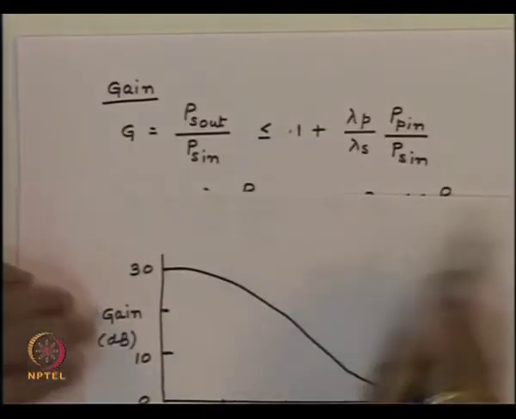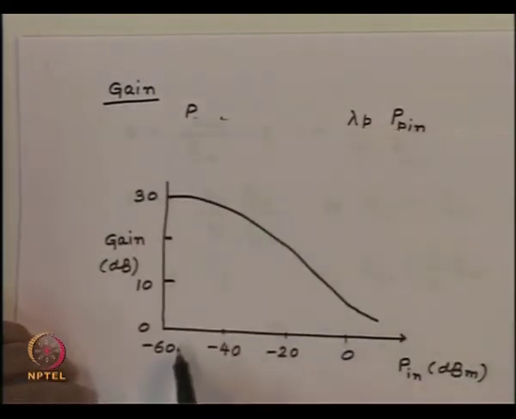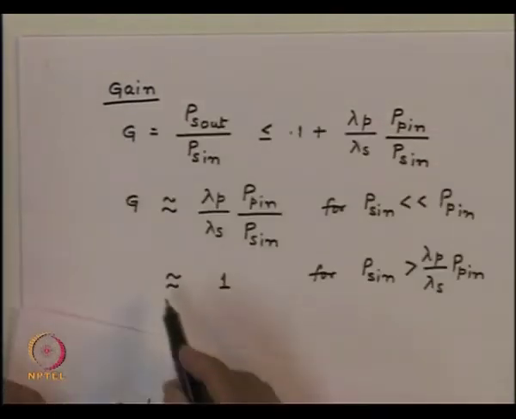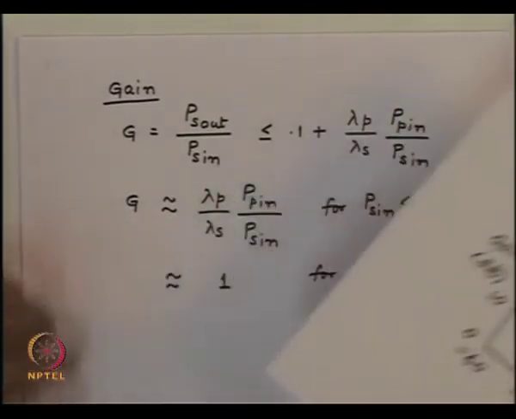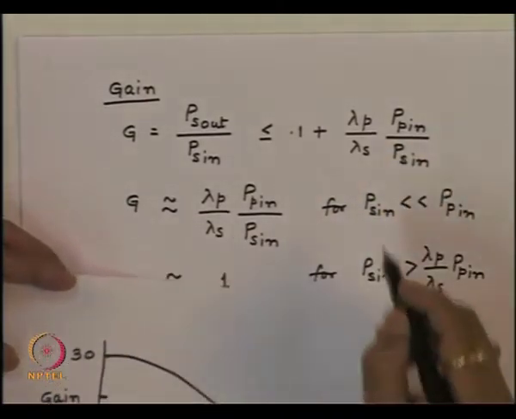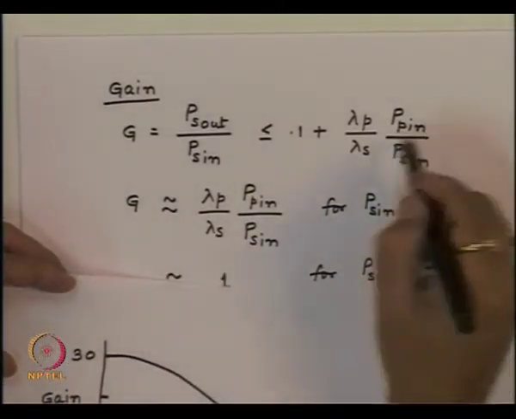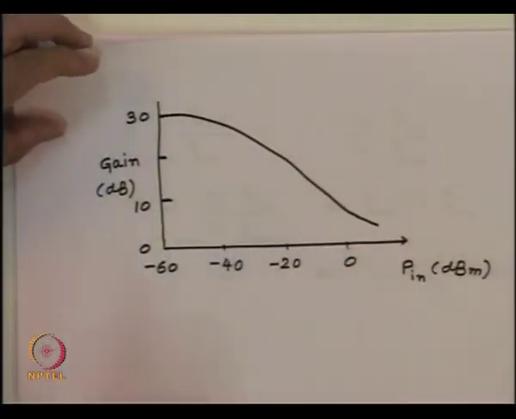So this is the quantity which corresponds to this number here. Whereas when the signal power becomes large, you get a gain which is almost equal to 1. So this function essentially tells us that as the signal power increases, for a given pump power, we have a reduction in the gain, and that's what this curve is telling you.